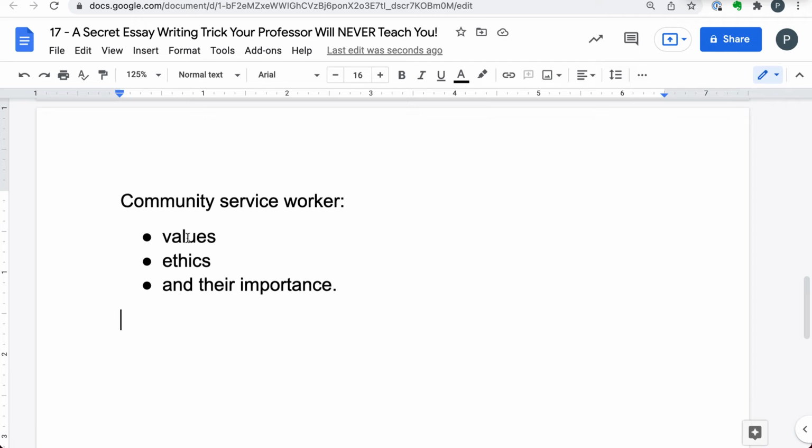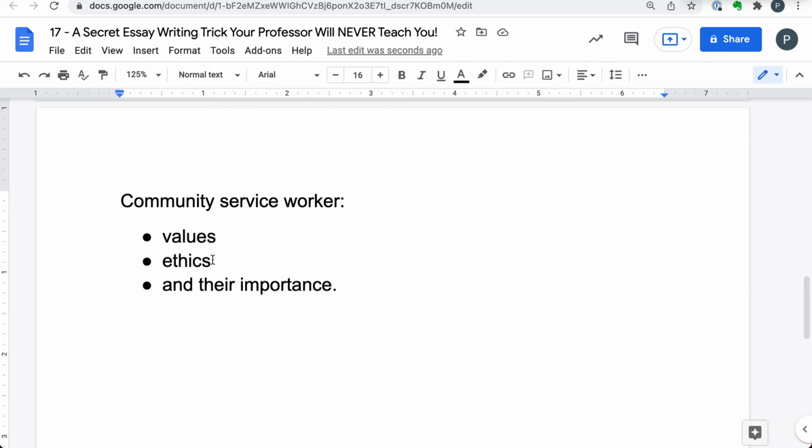Values are not quite as broad. But here's the tricky part. One of the reasons the professor will not teach you this trick is that the professor is not crystal clear on her own assignment.